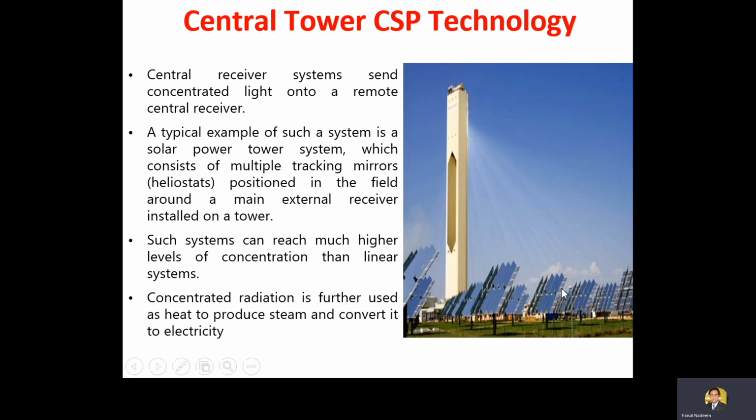And these mirrors are placed on the ground, and what these mirrors are doing is basically reflecting back the sunlight that is incident upon them.